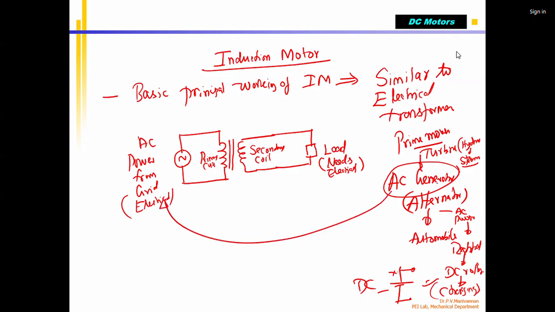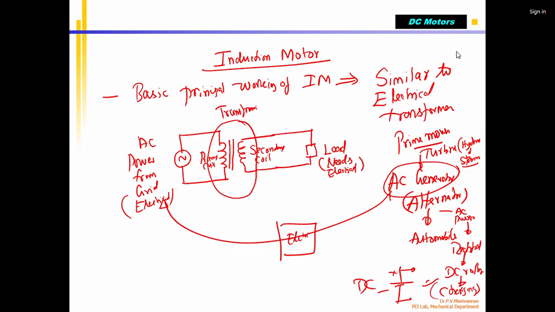From the alternator, the generated voltage is coming down; in between, you have the transmission. So this power is coming from the electrical grid, and it is given to a transformer. This is the transformer.